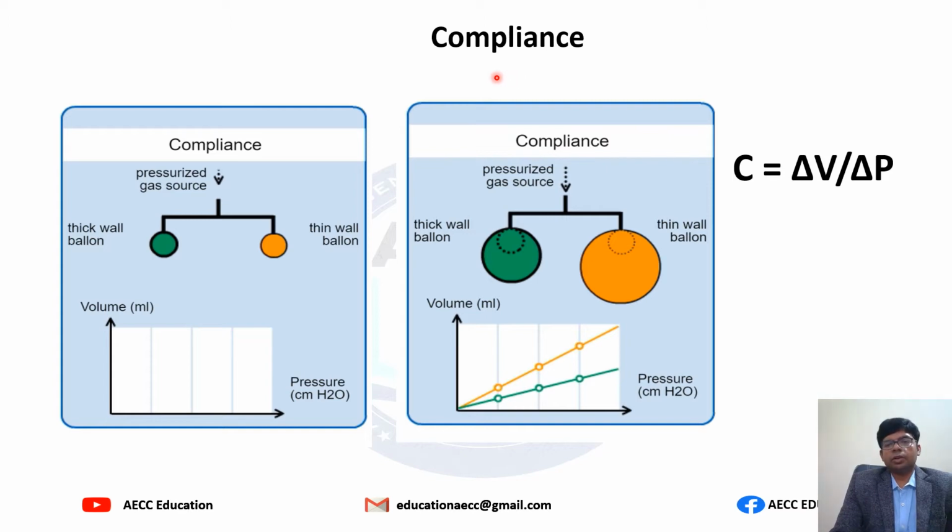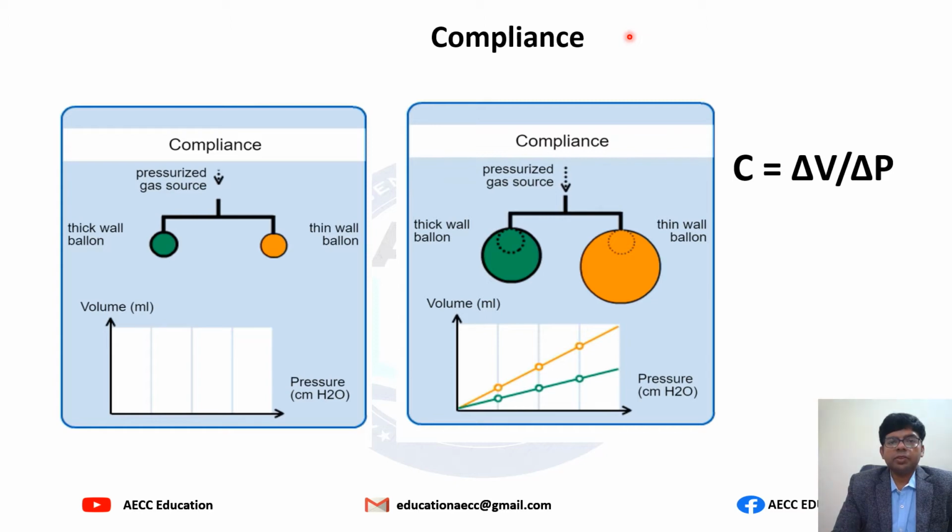Let's discuss the compliance. The compliance of any structure can be described as the relative ease with which the structure distends. Compliance is the inverse of the elastance. Compliance is a measure to express the pressure-volume relationship of such structures.